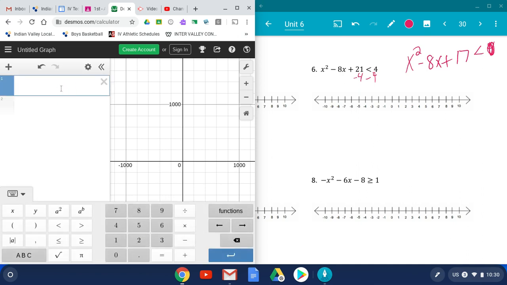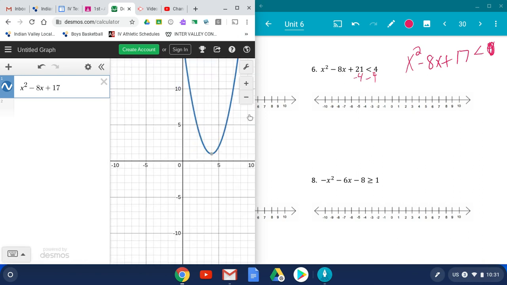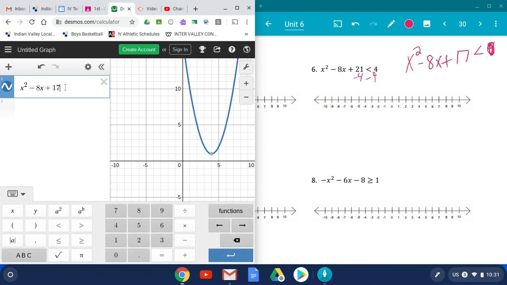Let me try it again. X squared minus 8x plus 17. Now see what's happening here? Doesn't cross. Does not cross.